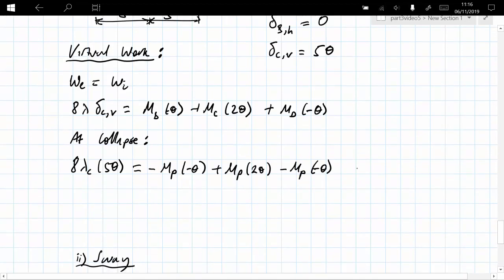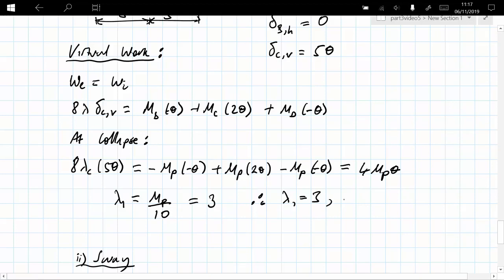When you add all of those up, they equal 4 MP theta. Solving then for the plastic collapse load factor for this mechanism, we get lambda 1 equal to MP over 10, or substituting the value for MP, which is 30, we get 3. So therefore, lambda 1 is equal to 3, and the potential collapse load factor is less than or equal to 3.